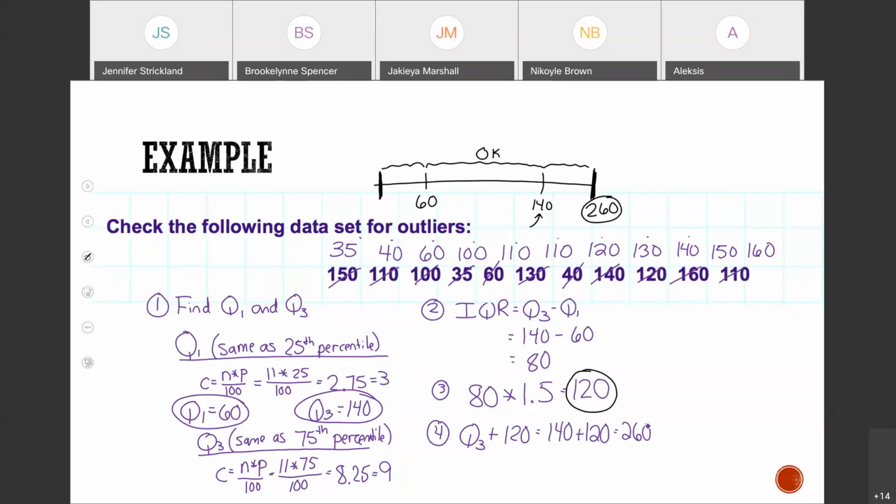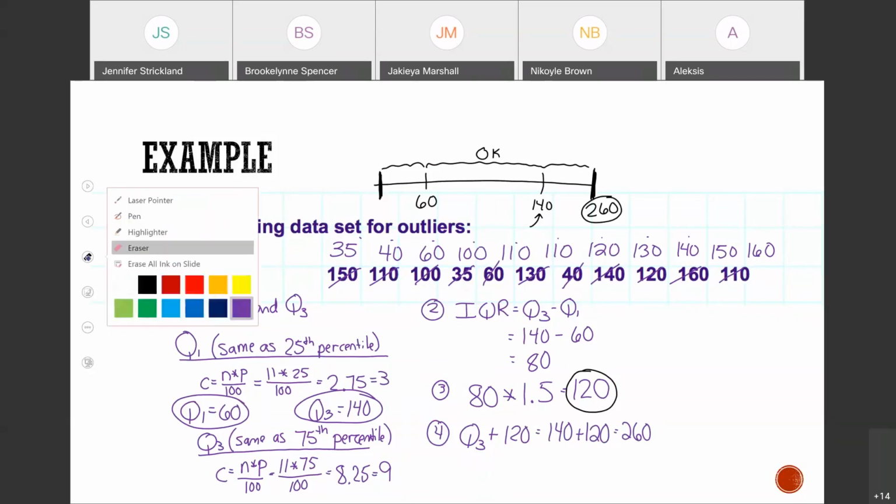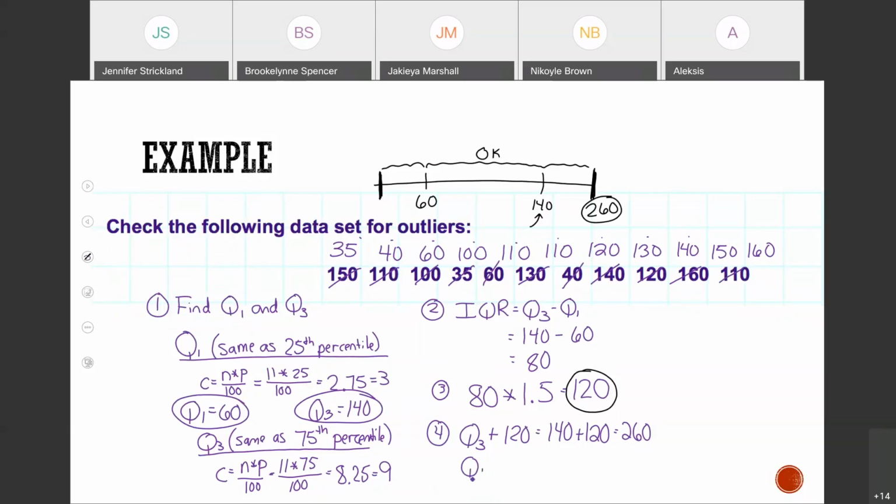And then the other part, coming back to the left, we would need to subtract it, right? So we would take our Q1, which is 60, and subtract the 120. So 60 minus 120 is going to give me negative 60.